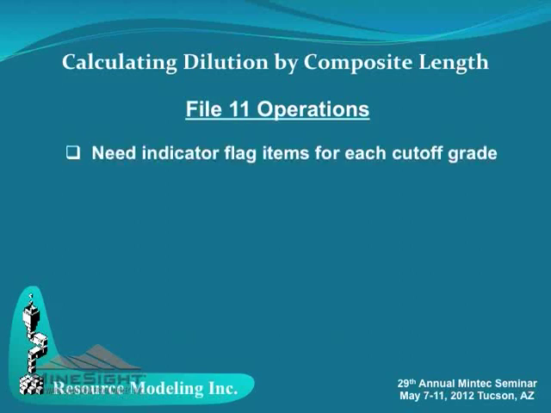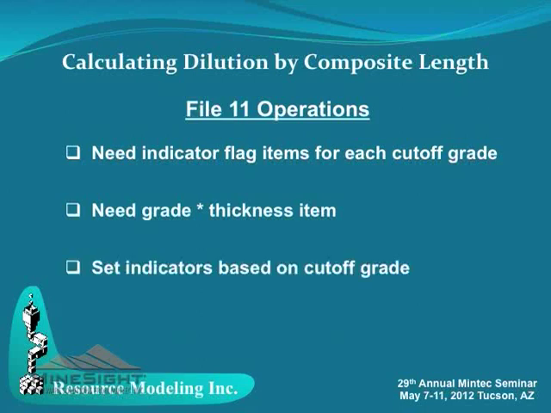So again, pretty simple stuff. We just need an indicator that we can go ahead and set to a 0 and 1. We need a grade thickness item in file 11. And then we go ahead and set the indicators based on a cutoff grade. So typically I would be looking at anywhere from 5 to 7 cutoff grades. So I have to have that many indicator fields and that many grade thickness fields.